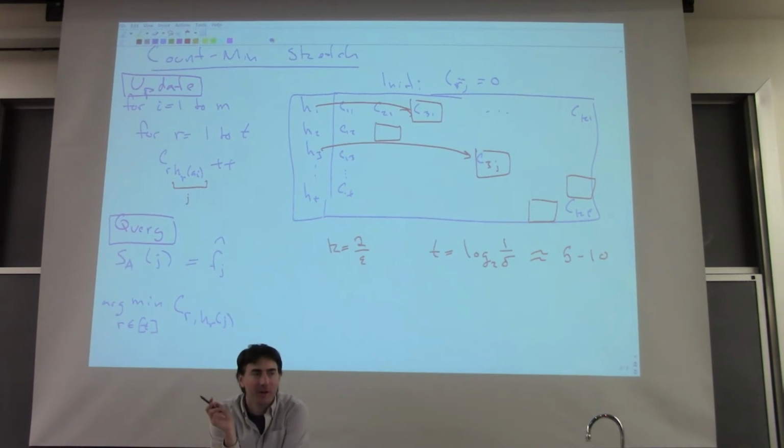The minimum is good. Why is that so? The item you're looking for is always going to go to the same bin. Right. So every time you've seen that item, it will have incremented that counter. Okay. Good. And so whatever that minimum number is, you are at most that many times.